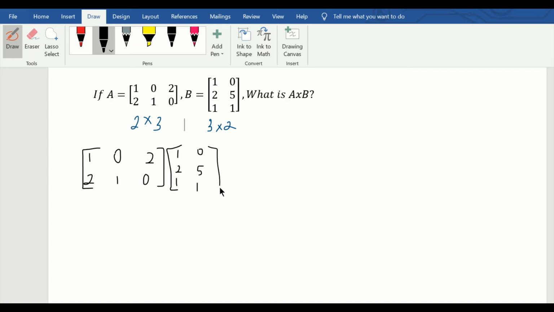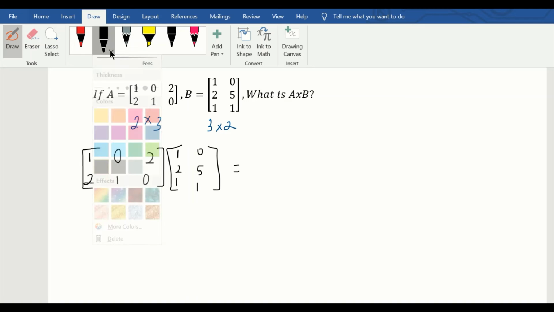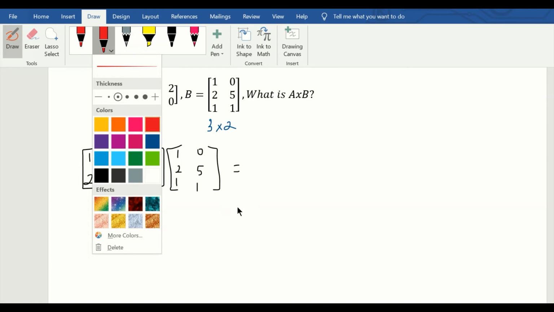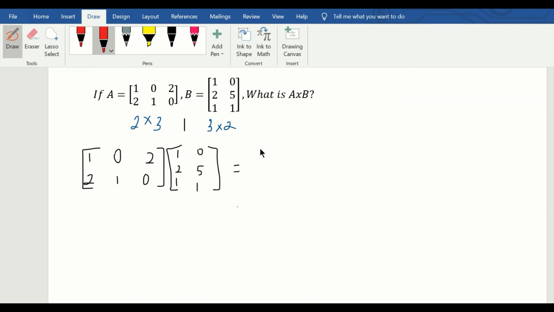All right, so we have to multiply these two matrices. Let me change my pen to red. Now I open my square bracket. What we do now is we are doing the same thing. The row in the first matrix will multiply the corresponding element in the second matrix.